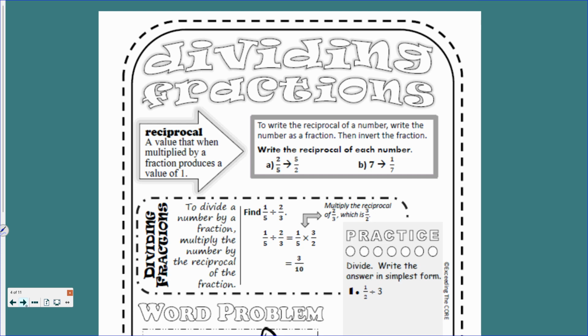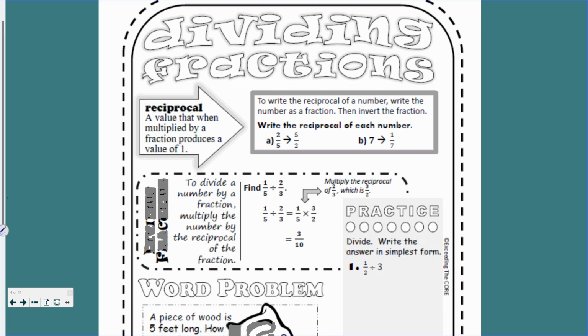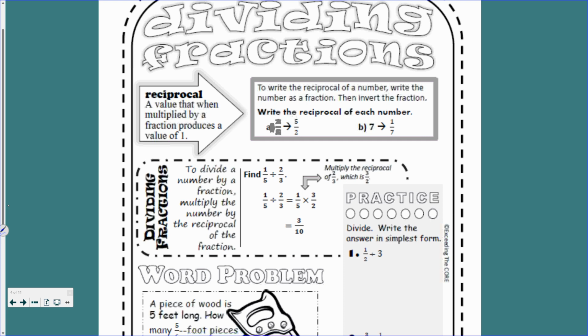Dividing fractions. So we haven't gone over the standard algorithm for division that much, so let's look at it today. When you are dividing fractions, you're multiplying by the reciprocal. And the reciprocal is basically the other fraction turned upside down.